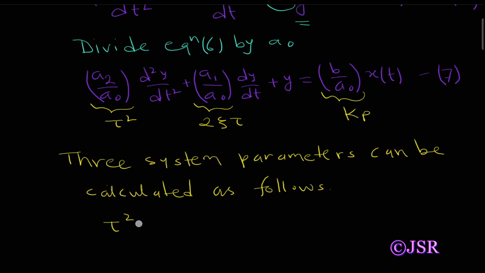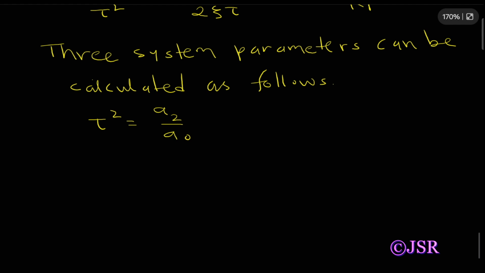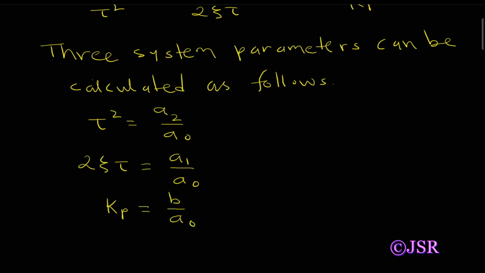So the tau square will be a2 by a0, 2 zeta tau will be a1 by a0, and process gain kp will be b upon a0.